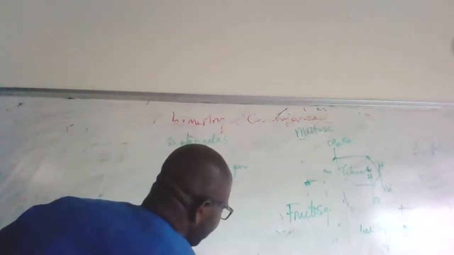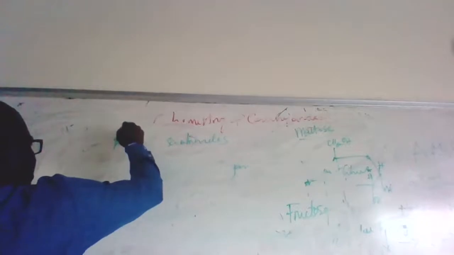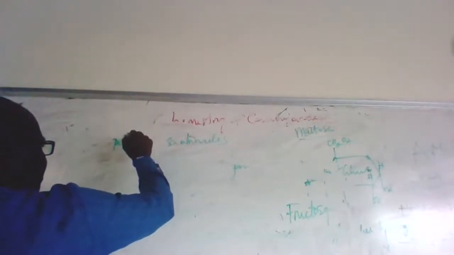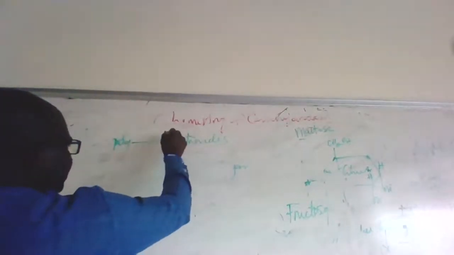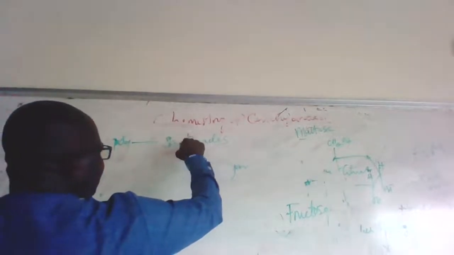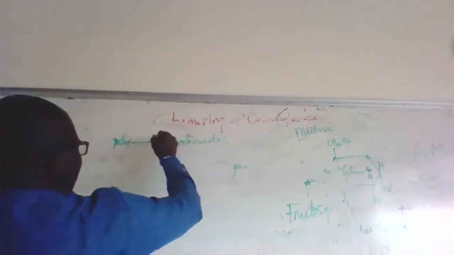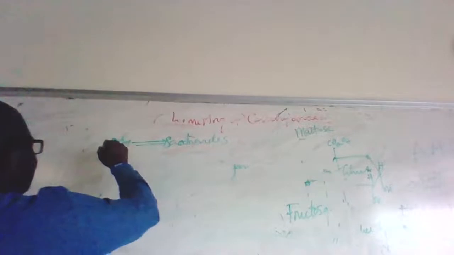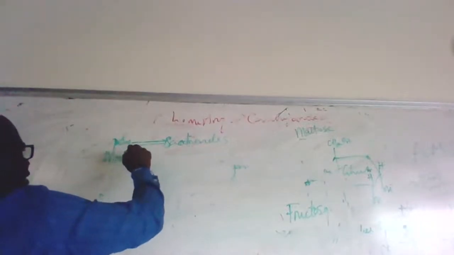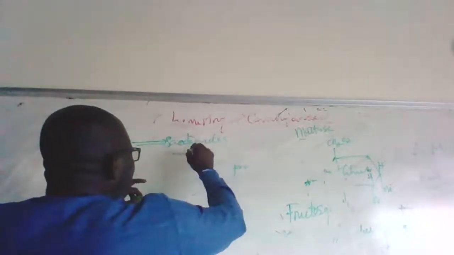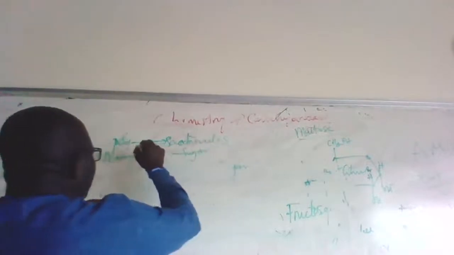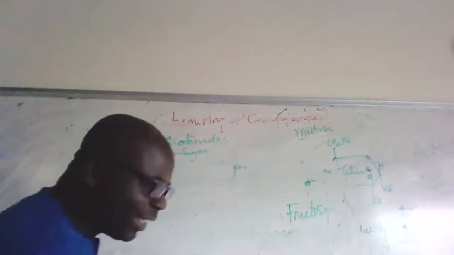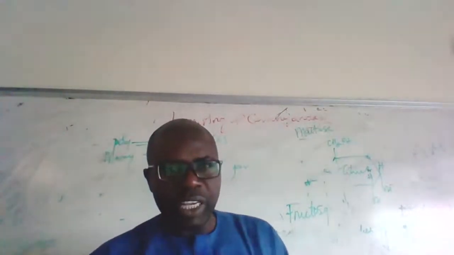We want to quickly move to the polysaccharides. These are the polymers. Poly means many, and saccharides means sugar, so this is a combination of many sugars coming together.